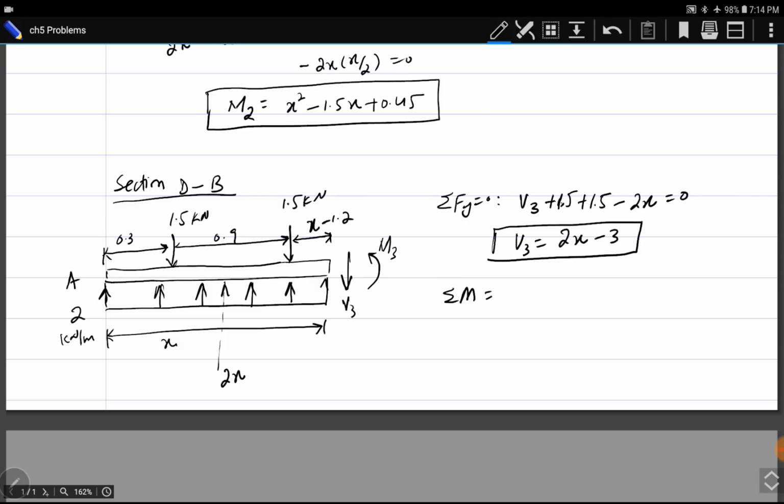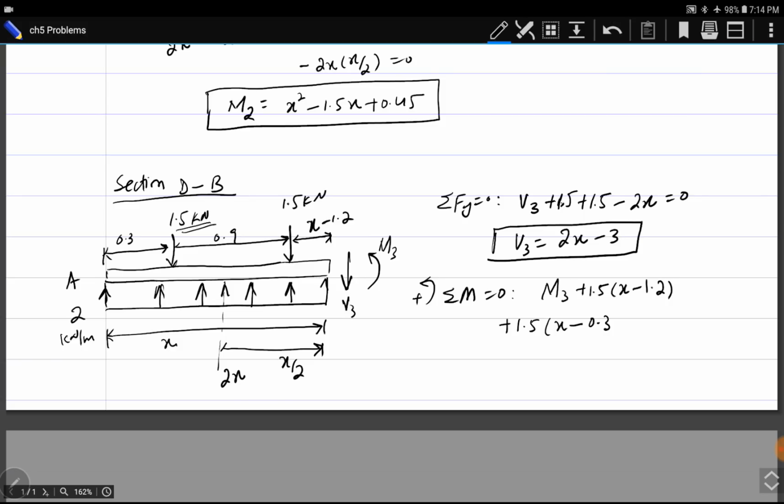Similarly, summation of moments is equal to 0 if I consider counterclockwise moments as positive. So we have M3. This force has a distance of x by 2. M3 plus 1.5 into (x minus 1.2) plus 1.5 into (x minus 0.3).